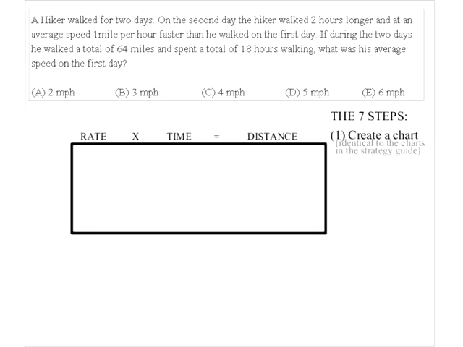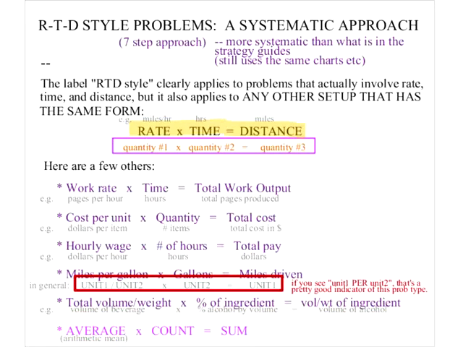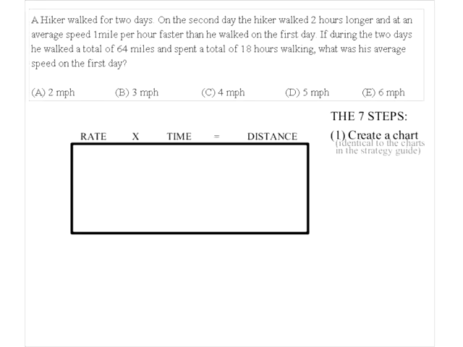So if the problem is rate, time, distance, then that's what goes on top of your chart. And if you have any of these friends, then you put those on the chart instead. So it might be wage times hours equals pay, or miles per gallon times gallons equals miles driven. Whatever the equation is, in the format this times this equals that, that goes on top of the chart. Smiley face if that makes sense.